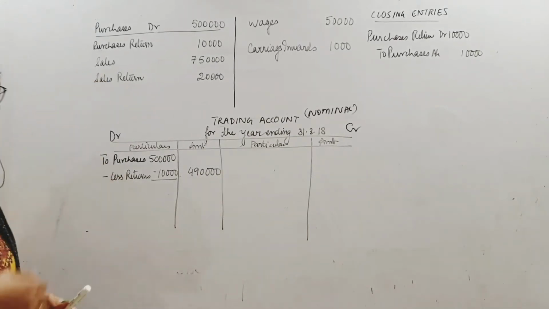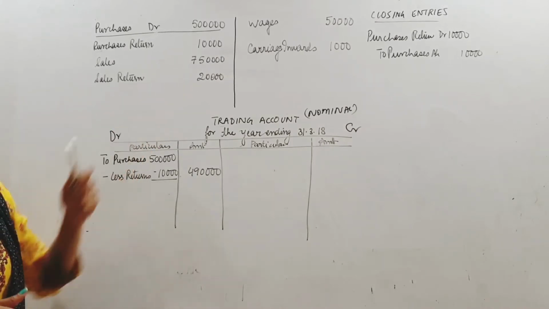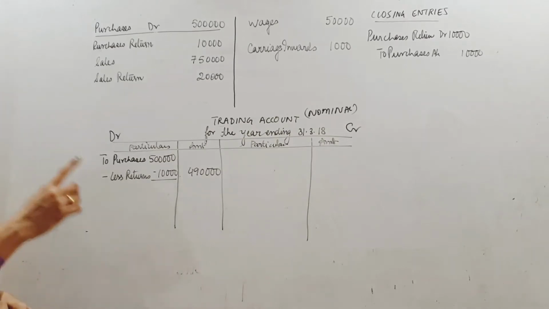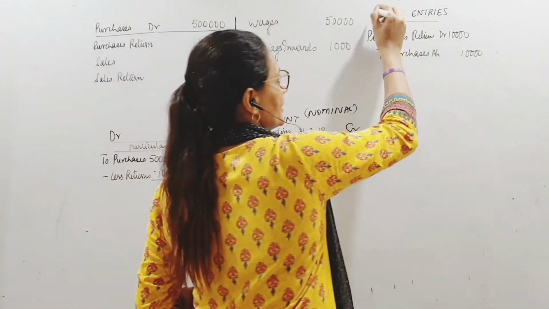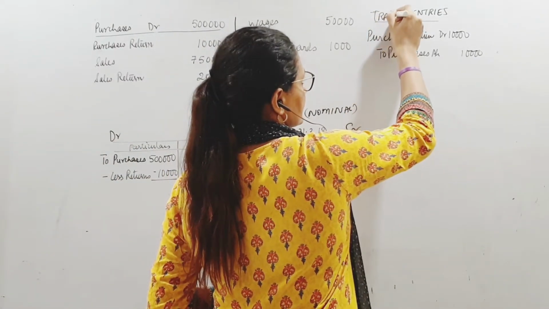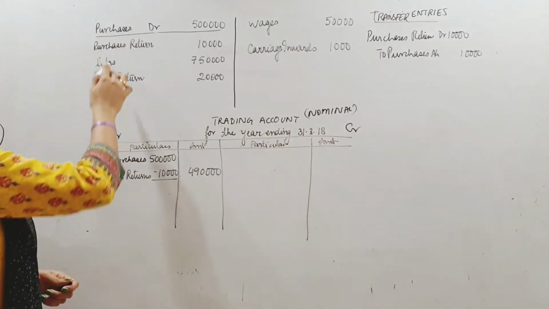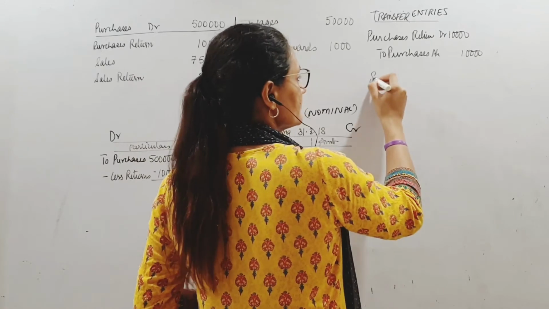These are accounts opened in the ledger. So how are they closed? They are closed like that. Purchases return will be debited and purchases account will be credited. So that is a transfer entry. Similarly, sales and sales return, related accounts, we will have a transfer entry for that also.